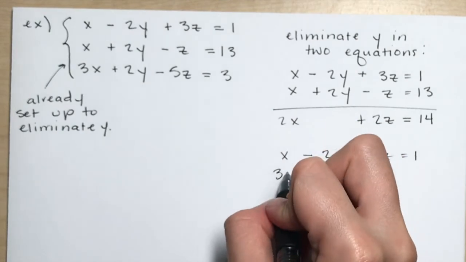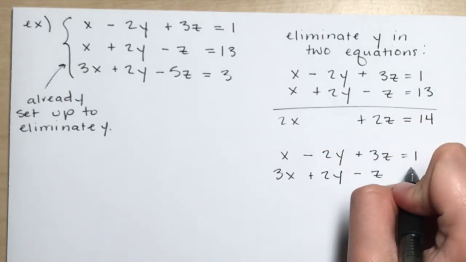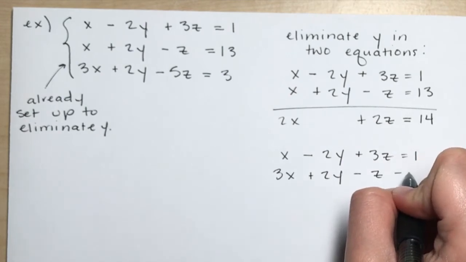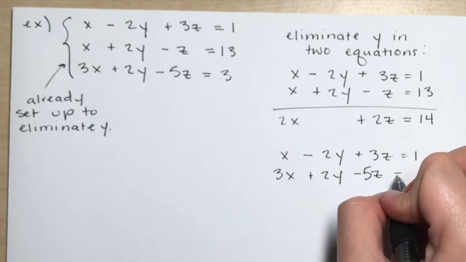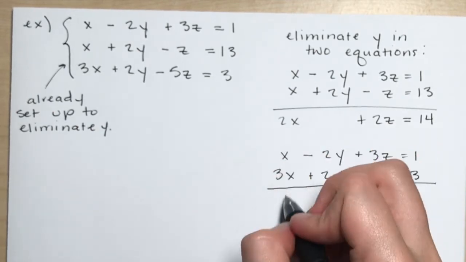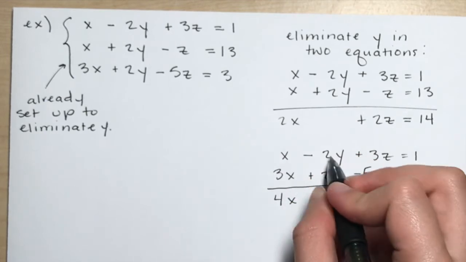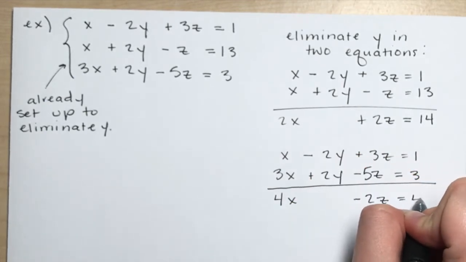We've got 3x plus 2y minus 5z equals 3. We add these guys together, we get 4x plus 0 minus 2z equals 4.